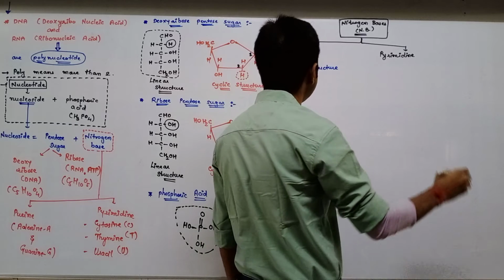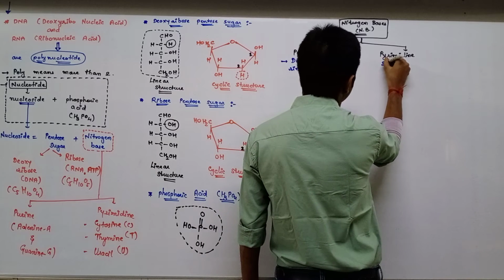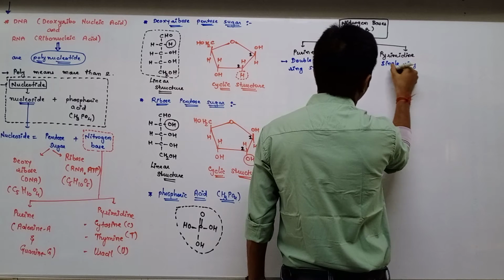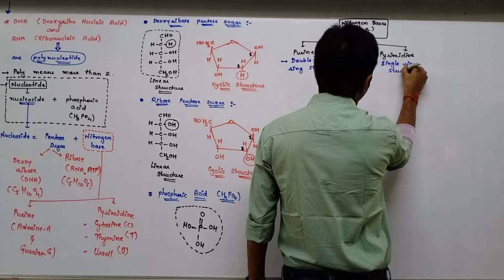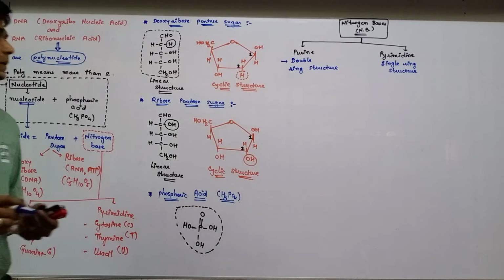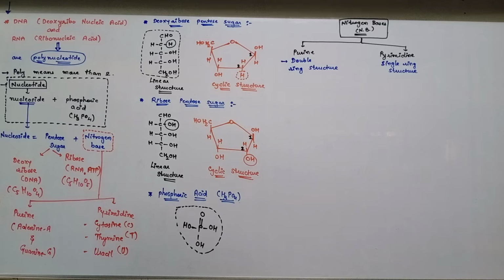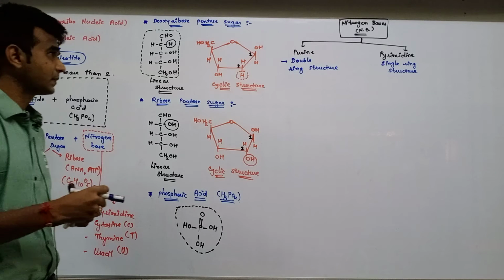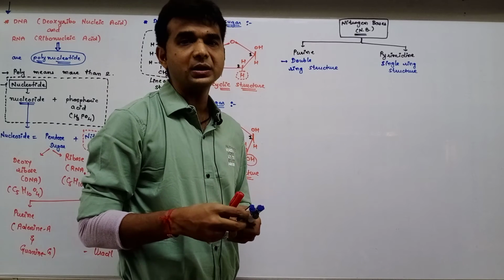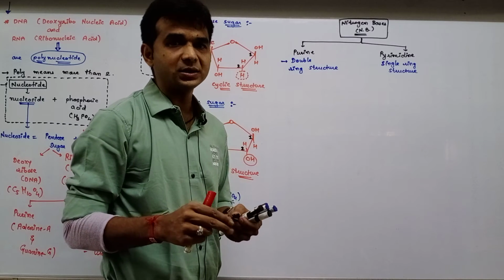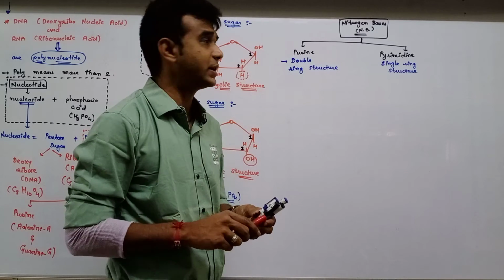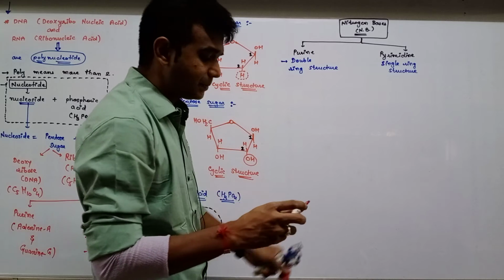And pyrimidine is single ring structure. Okay, let's see first the pyrimidine. So I am now making the important shortcut methods, the clue, the shortcut trick to remember all the purine and pyrimidine.